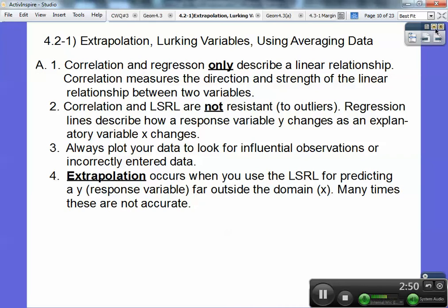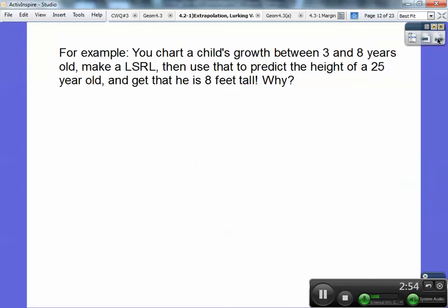For example, say you wanted to do a least squares regression line on a child's growth. You plot how much they grew between the ages of 3 and 8 years old, and you make a least squares regression line from the 3-year-old, the 4-year-old, the 5-year-old, and so on all the way up to the 8-year-old.